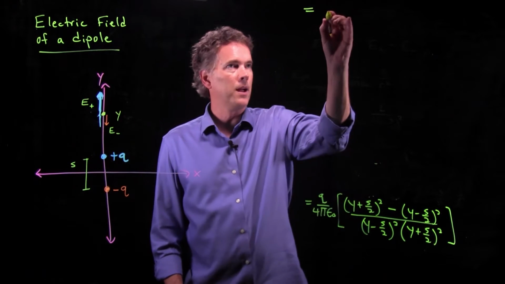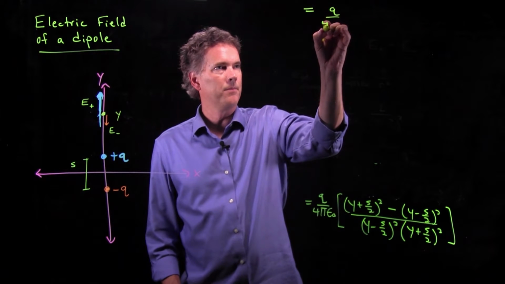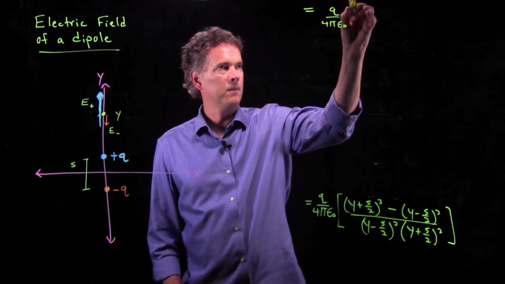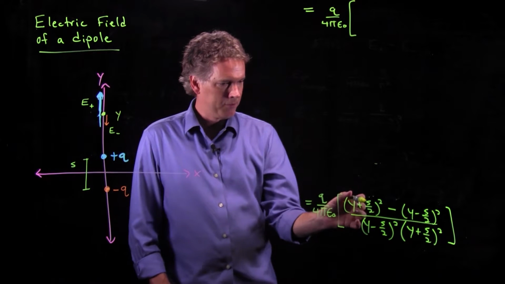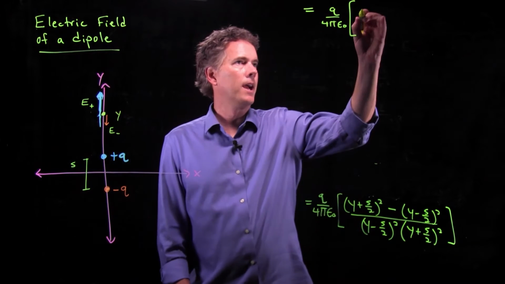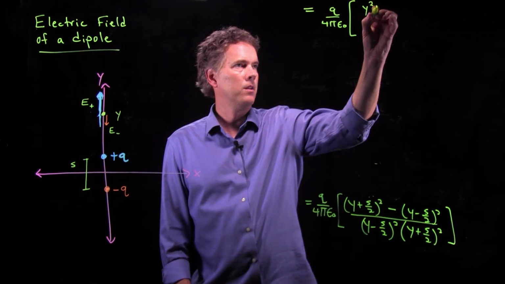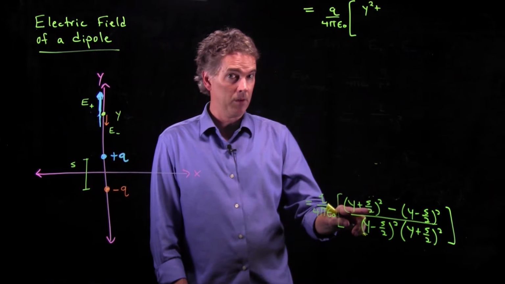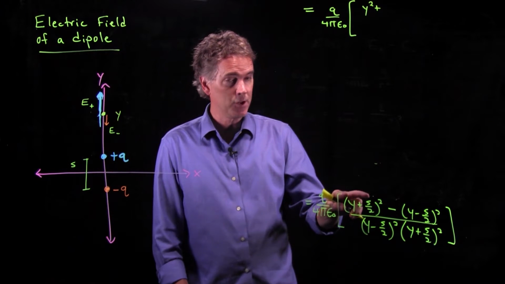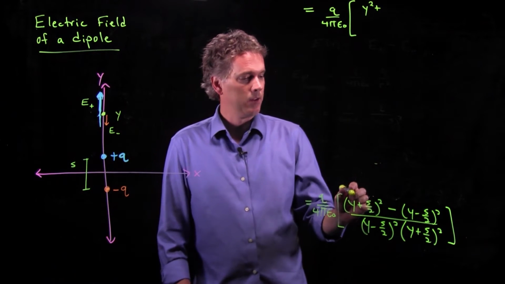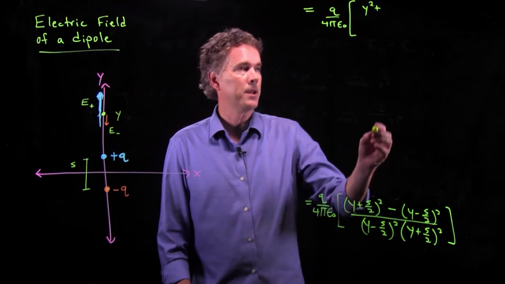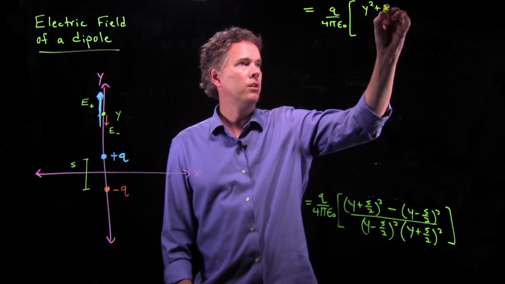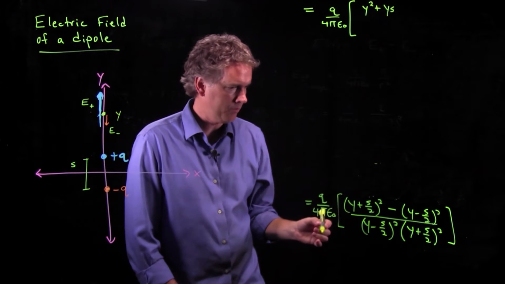Okay, so let's multiply this stuff out and see where we get. I'm going to square this y plus s over 2, and I get y squared plus twice the combination of first and second, right? So y times s over 2 gets me a half, but I'm going to have 2 of those, so I just end up with a y times s.